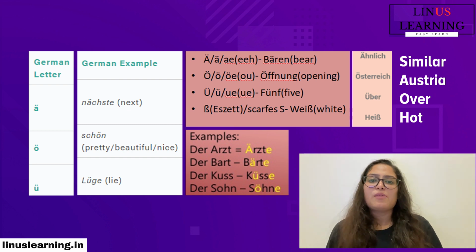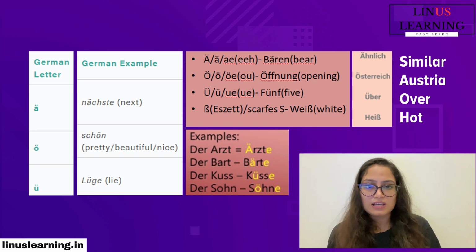Okay, if I don't add any dots, then it will be A. Similarly for O, if we add the dots, you will either say Ö or O umlaut. For U, if I add the umlauts, you will either say Ü or U umlaut. Okay, I believe that's clear.